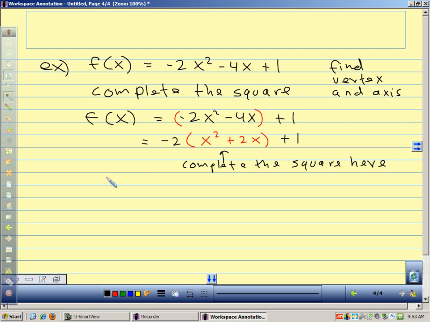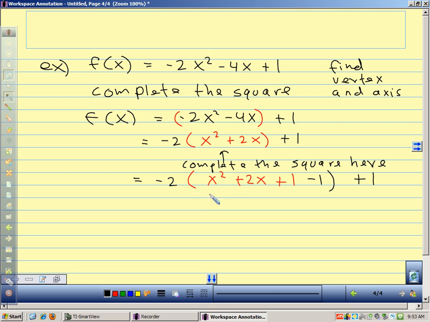So I'm going to say that this equals negative 2 times x squared plus 2x. To complete the square, I add b over 2 squared. Here b is 2. So 2 divided by 2 is 1, and 1 squared is 1. So I'm going to add 1. And so I don't change the value of the function, I need to subtract 1 right away. And that's inside the parentheses, plus 1.